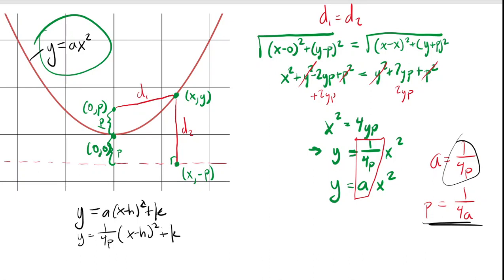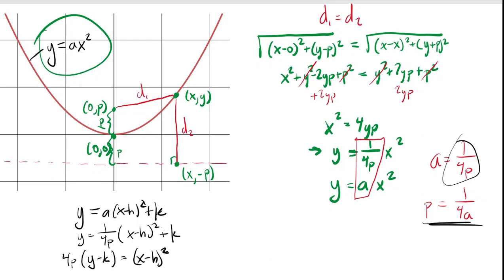My pen doesn't seem to be working, which is not great. If I subtract k from both sides and multiply both sides by 4p, I'll have this: 4p times y minus k is equal to x minus h, quantity squared. And this is a really useful version of the equation of a parabola.